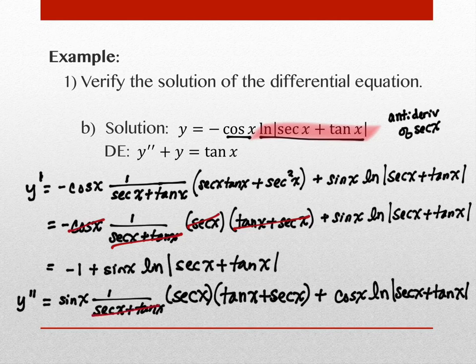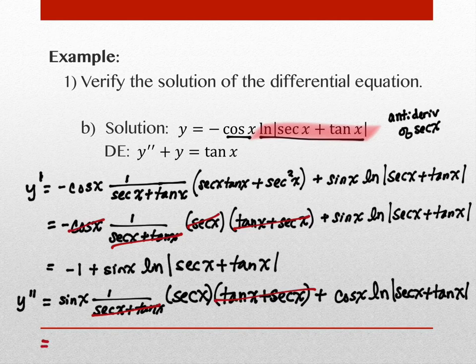So again, this piece is going to clean up very nicely. I don't have the sine and the secant cancel, right? Because they're not reciprocals. But I might be able to change it to something that's a little bit friendlier. Do you know what it changes to? Secant can change into 1 over cosine. So what happens when you multiply sine times 1 over cosine? It's tangent.